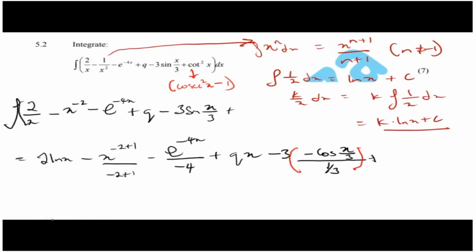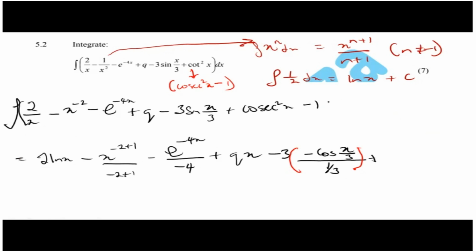So let's do that. Let me just erase this one so that I can have space. So here will be cosec squared x minus 1, then dx.